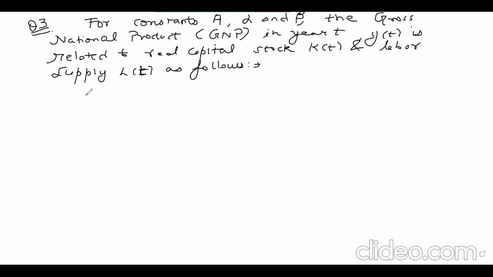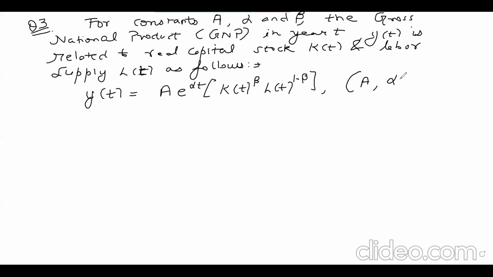We are given that Y of T is equal to A e to the power alpha T times K of T to the power beta, L of T to the power 1 minus beta, where we are given that A and alpha are positive and beta lies between 0 and 1.